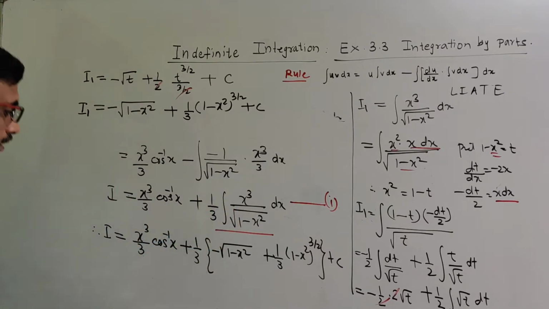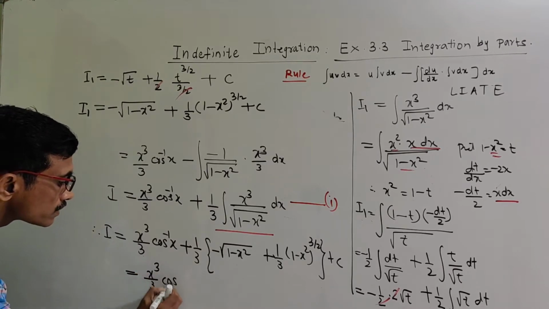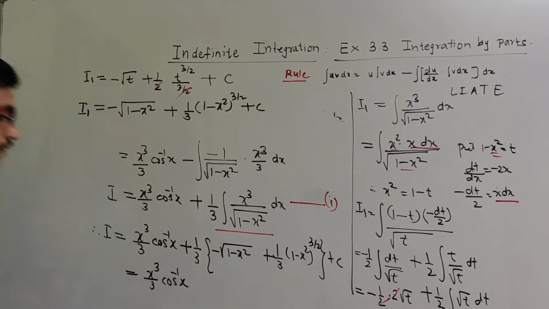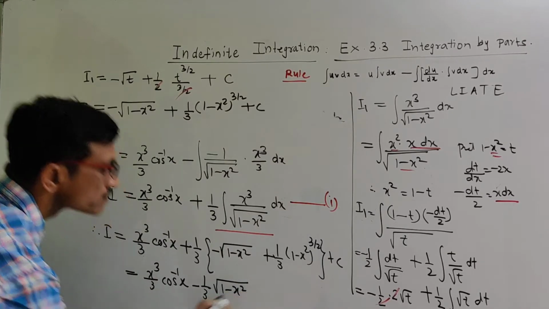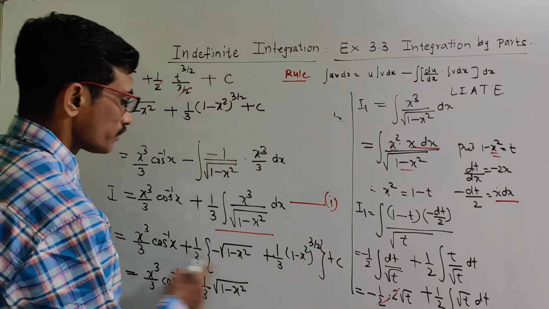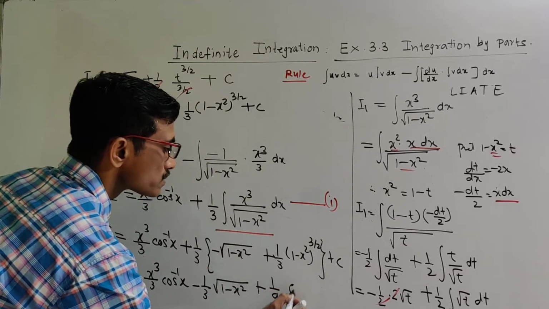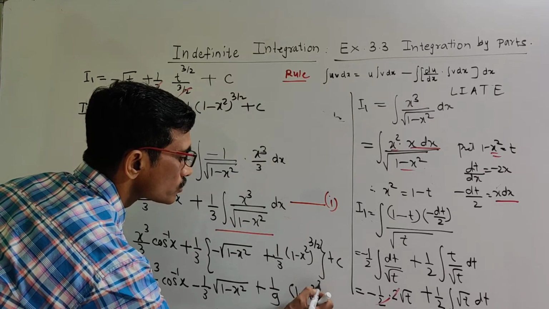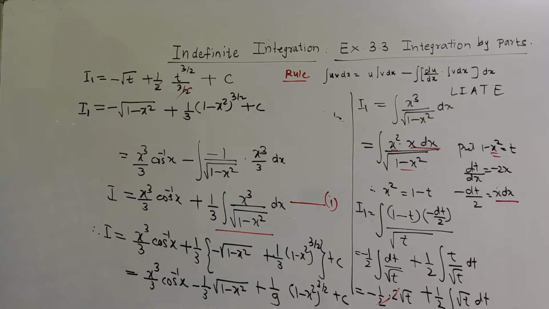Further simplification, simplifying this further, we are getting x cube by 3 into cos inverse of x minus 1 by 3 root of 1 minus x square plus 1 by 9 (1 minus x square) raised to power 3 by 2 plus c.